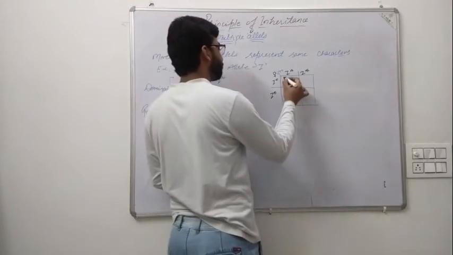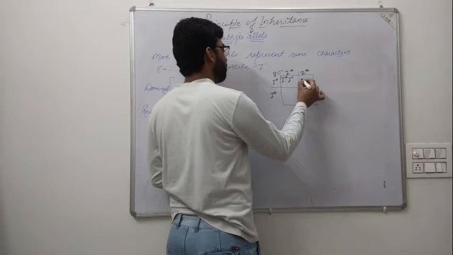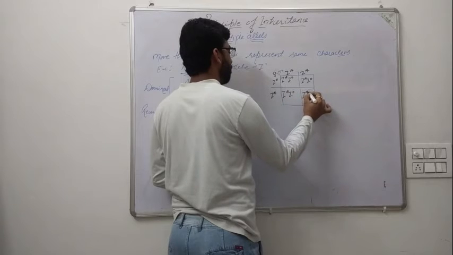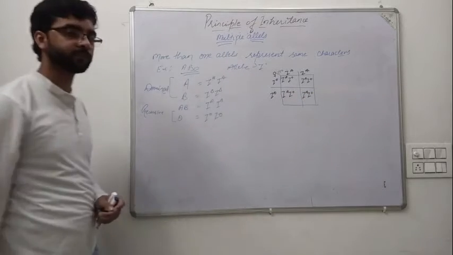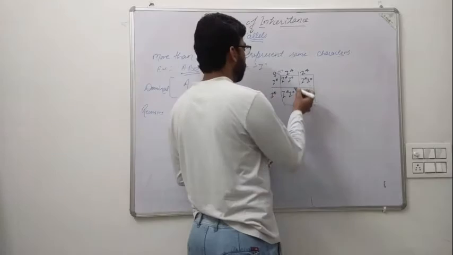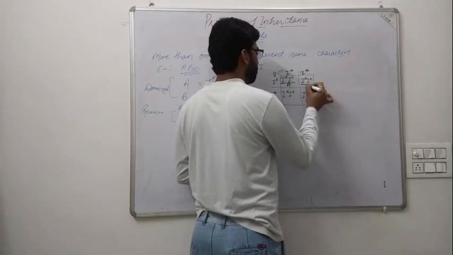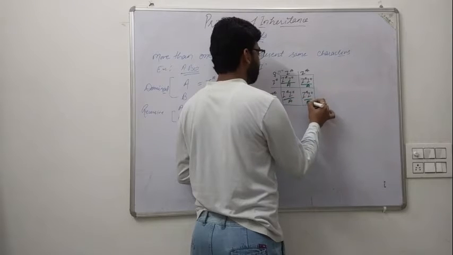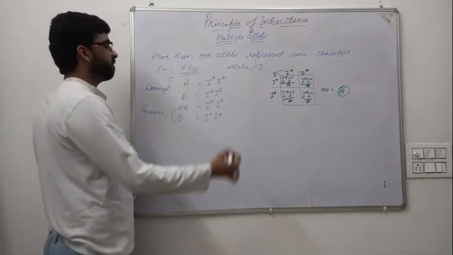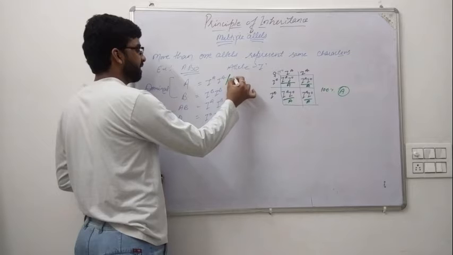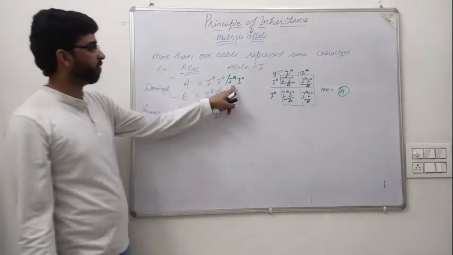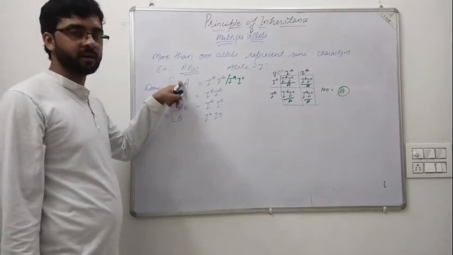In this case, IAIO represents blood group A, meaning 100% of the progeny have blood group A. So IAIO means blood group A; this kind of allele also represents the same character here.